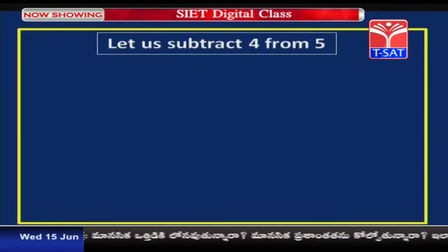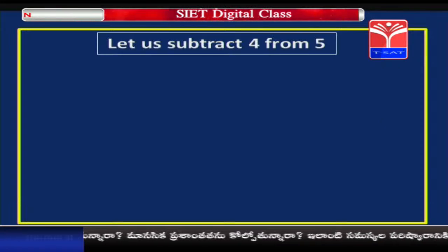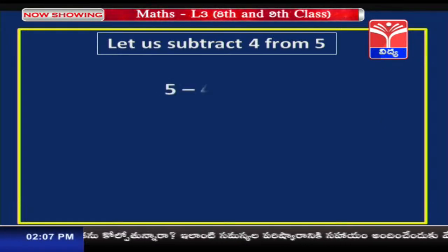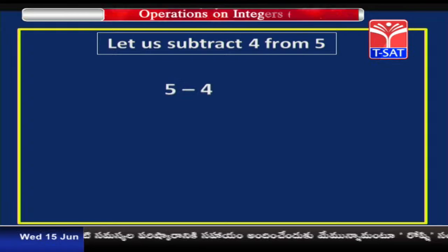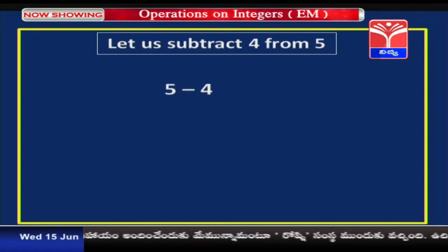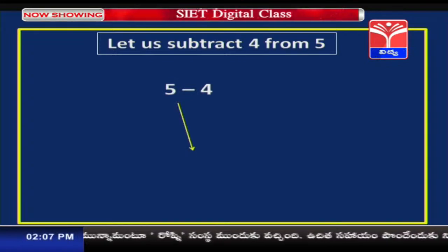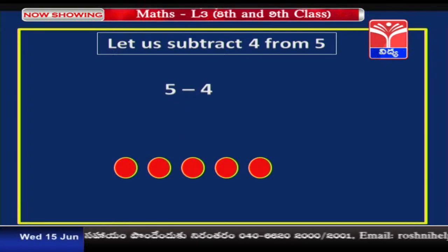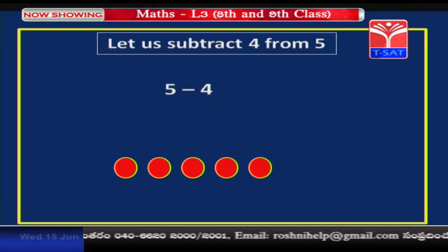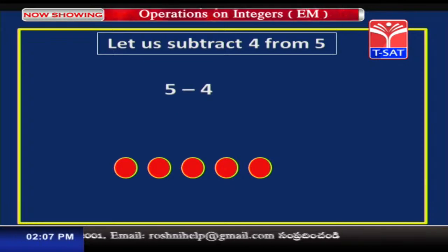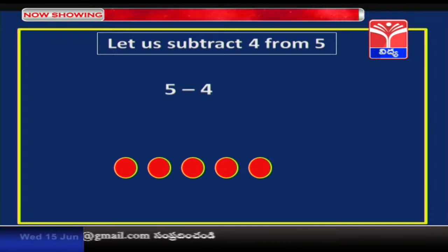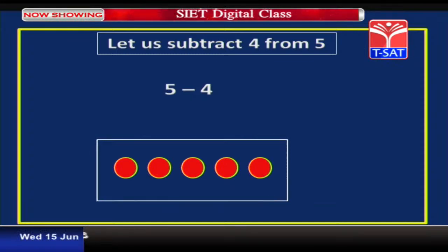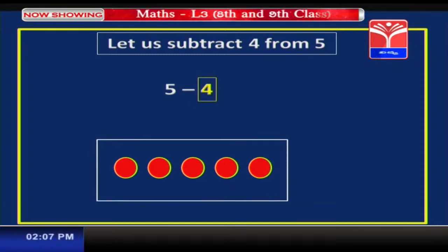Let us subtract 4 from 5. Here we have started with two positive numbers, right, children. So, we take 5 minus 4. 5 represents 5 red coins. Similarly, we have a positive number subtracted from another positive number, that is 4. So, from these 5 red coins, we are going to subtract 4 red coins.